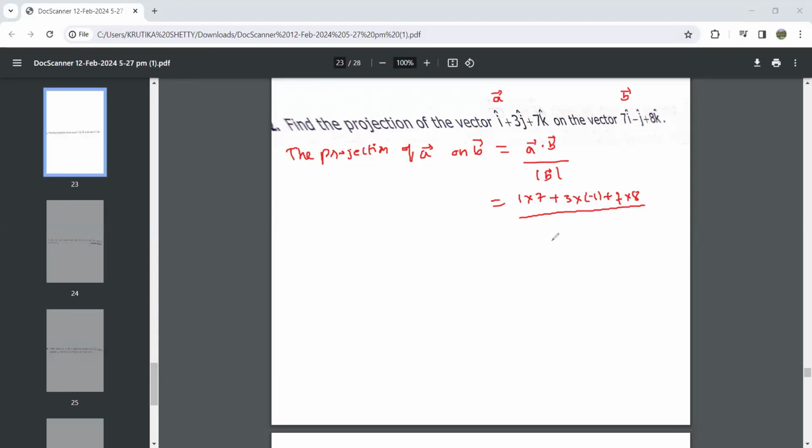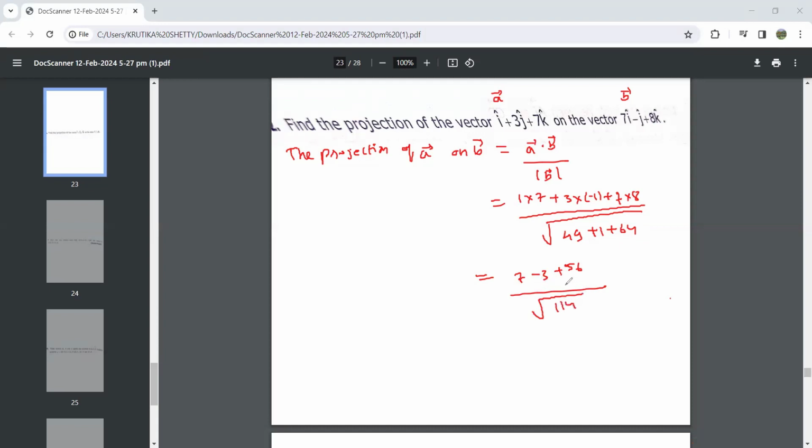Modulus value of vector b will be the square root of 7 square is 49, minus 1 square is 1, and 8 square is 64. On simplifying, we get 7 minus 3 plus 7 into 8 is 56, whole divided by root of 50 plus 64, which is 114.